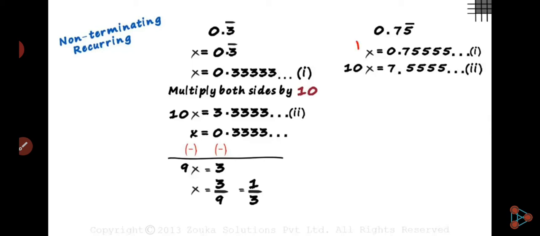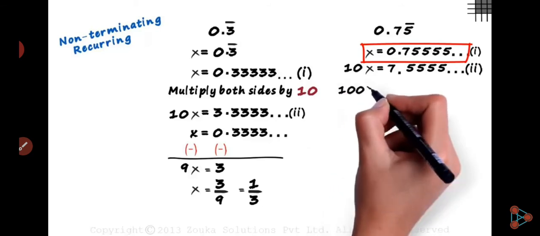Understand? Let's subtract both the equations. But here see, in the first example only 3 was repeating, but here it is mixed, because 7 is only one time and 5 is repeating continuously.